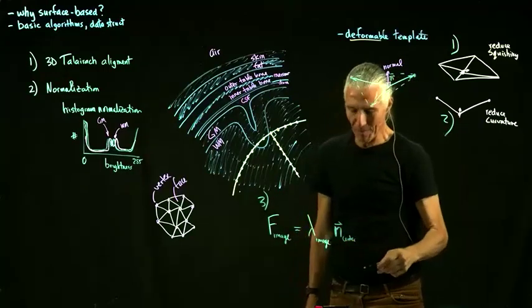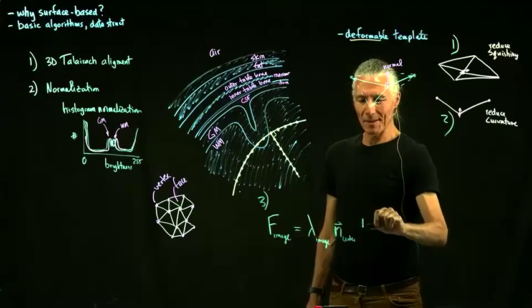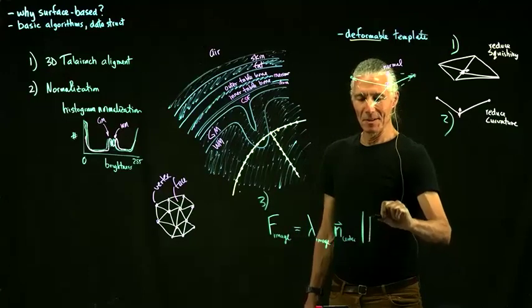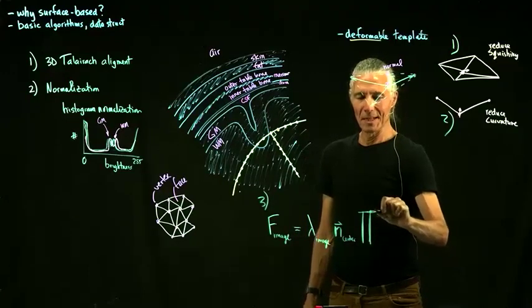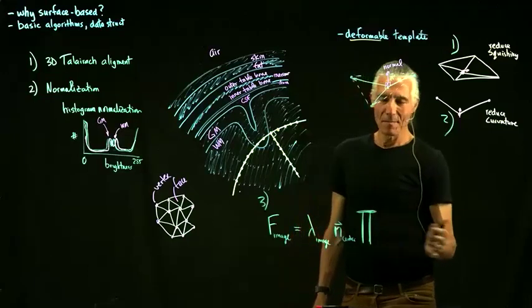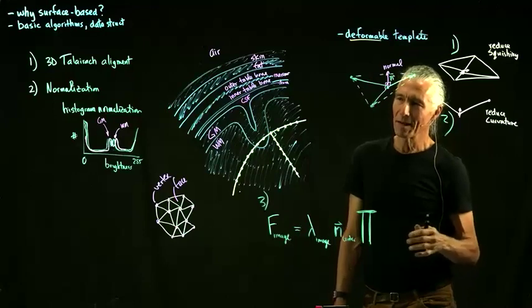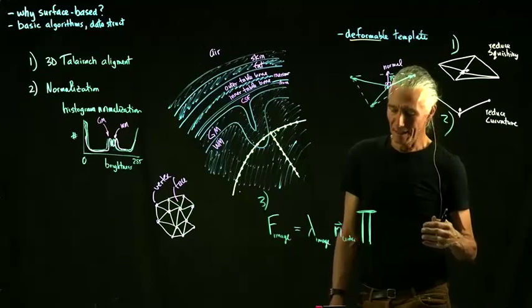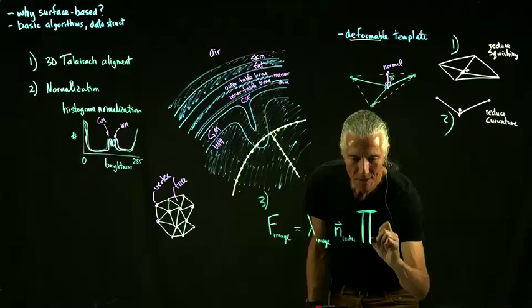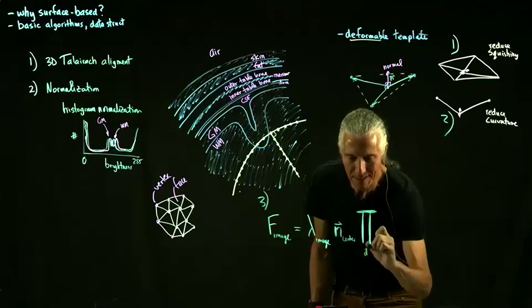And what are we going to multiply that by? We'll multiply that by this symbol, which just means sum up everything to the right. Multiply everything to the right, and then get the sum over a whole bunch of distances.